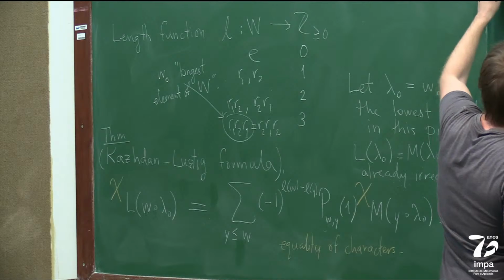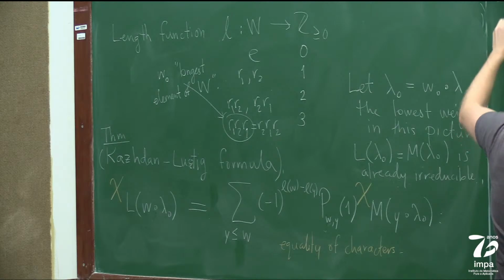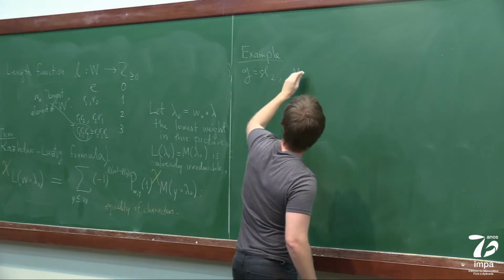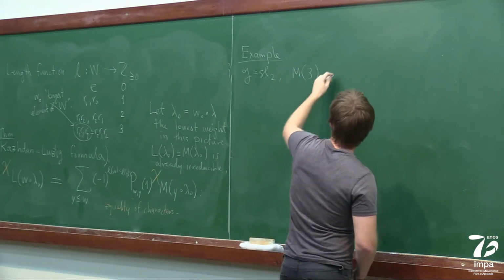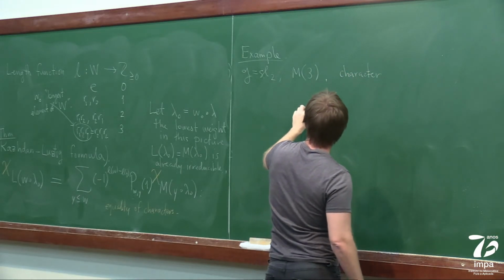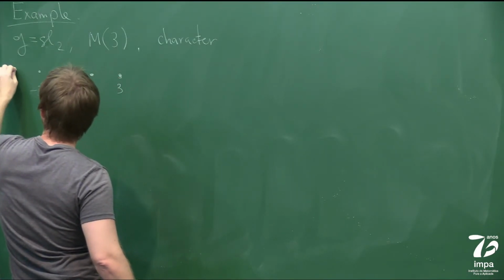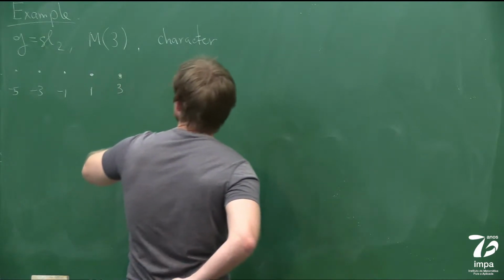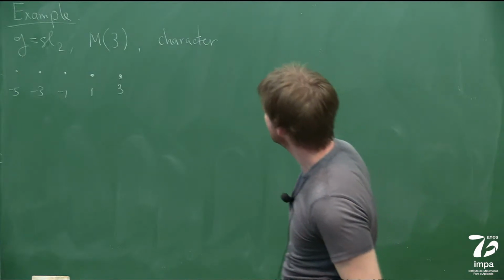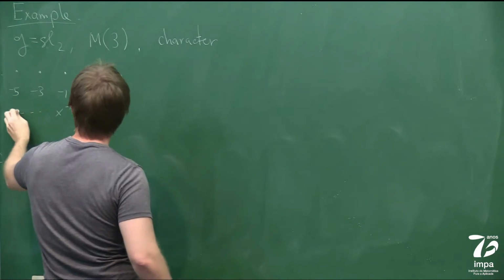So let me give an example. M3 kind of looked like this. What we do is invent a formal variable that parameterizes these points. So we say x, so we'll call this x cubed, x, x minus 1.